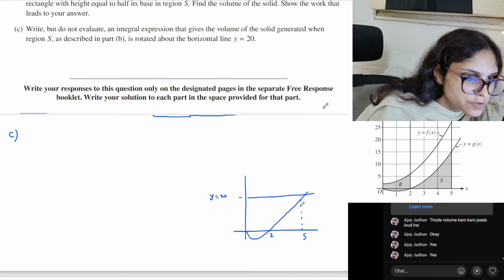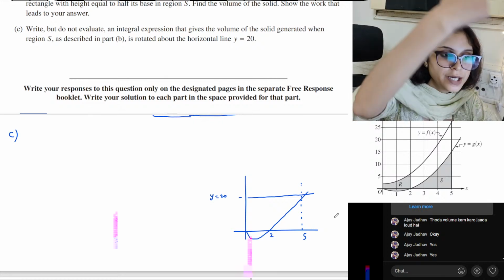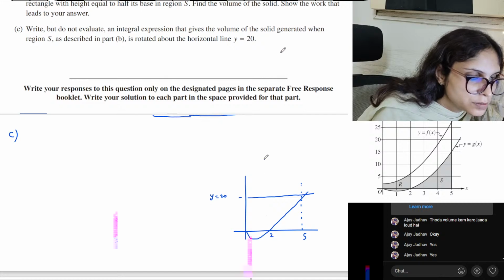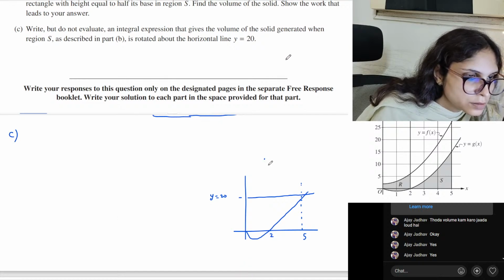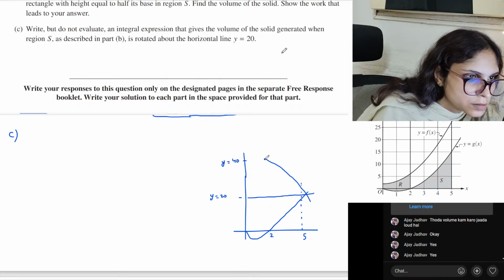Because at 5 it is 15. Now your rotating means what? So this distance is 20, it will go up. And now the distance will. So now this is 40. And this is what you will get.